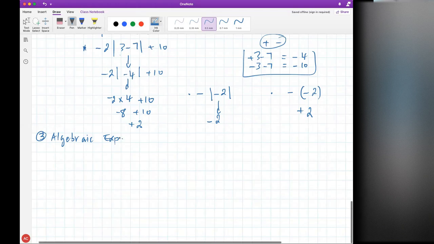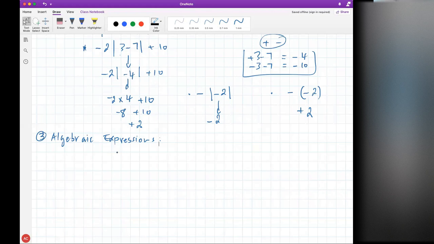Could someone give us a quick definition of algebraic expressions? What do we mean by that? It's like when you multiply or add a number with a letter, like x plus 5. Okay, that's right. That's part of it. So an algebraic expression is basically when you have numbers and variables and letters like x, y, z, or a, b, c. You have them together. So we call that an algebraic expression.